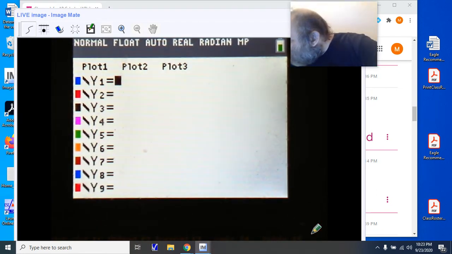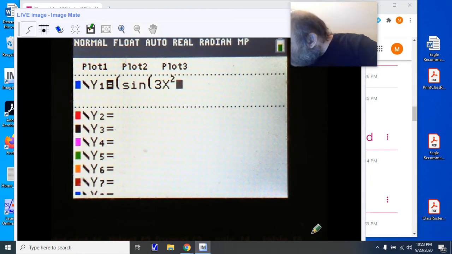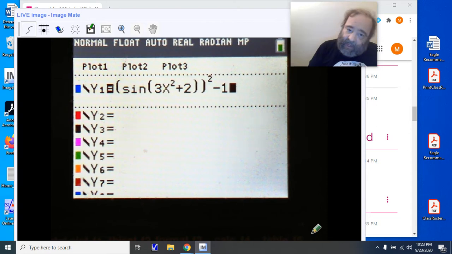We use parentheses, sine of 3, and we use x squared instead of t, plus 2, close parentheses squared, minus 1. That's the first thing you've got to remember: when you see a power on a sine, a cosine, a secant, whatever it is, make sure you use parentheses around the entire thing.